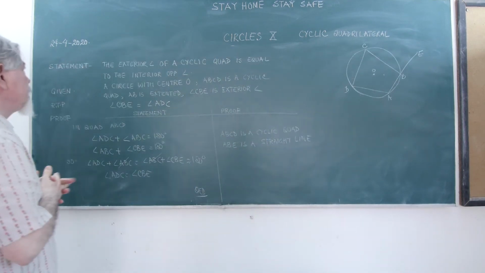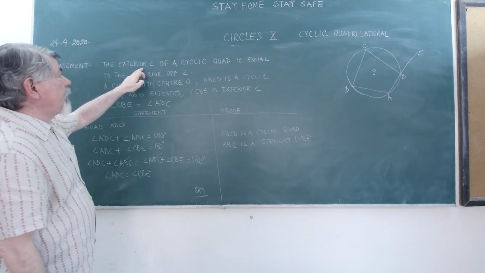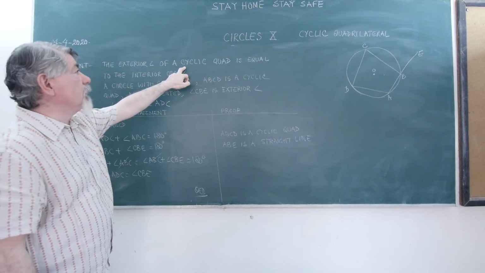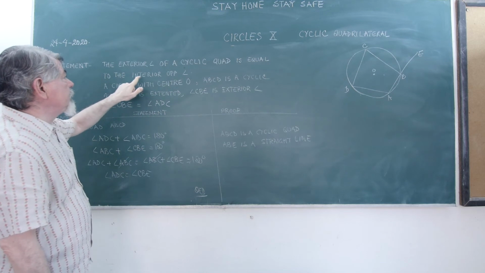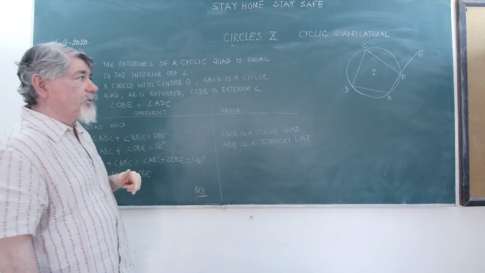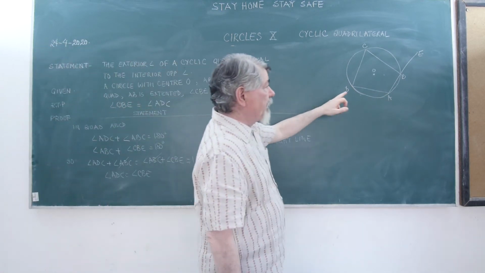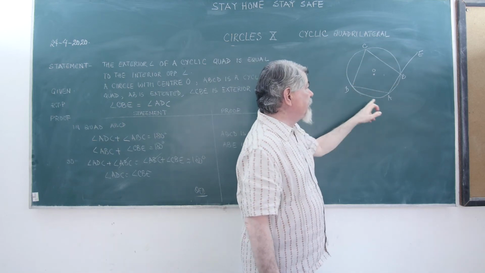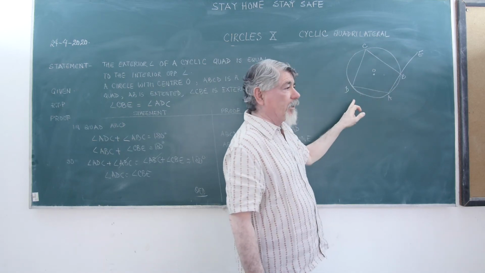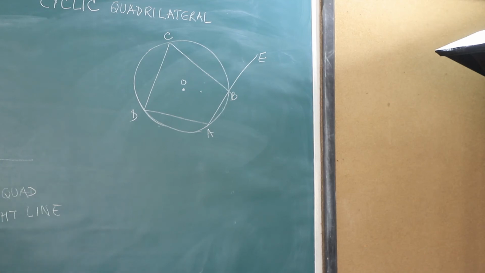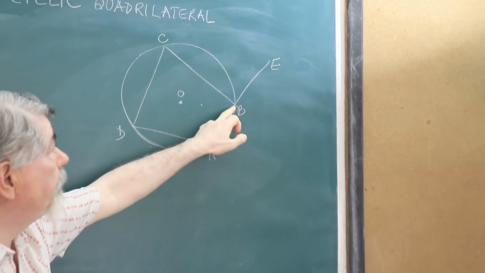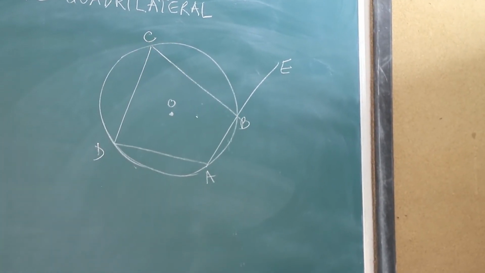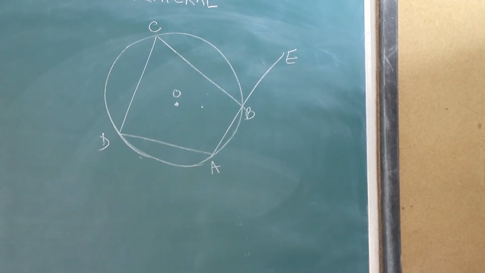In this theorem, the statement is that the exterior angle of a cyclic quadrilateral is equal to the interior opposite angle. What does it mean? If you look at this figure, ABCD is a cyclic quadrilateral. That means a quadrilateral is inscribed in a circle. A, B, C and D are on the circumference of the circle.